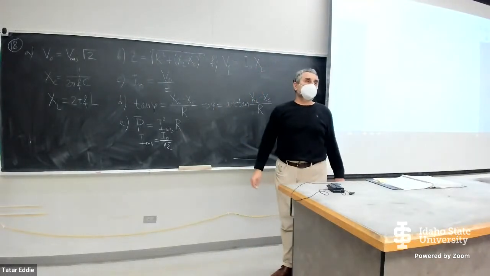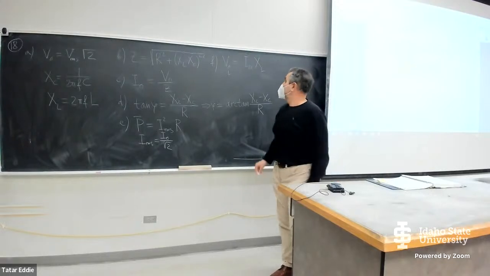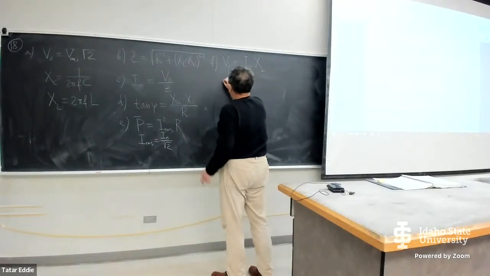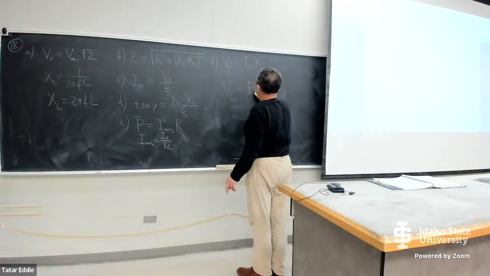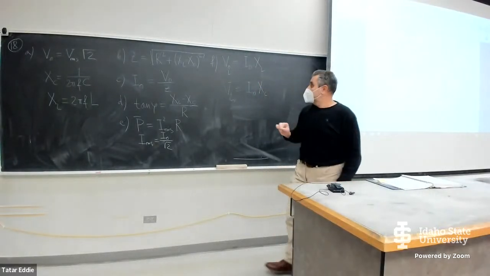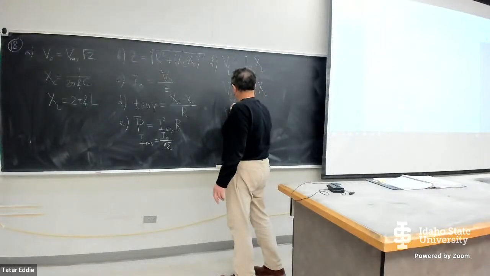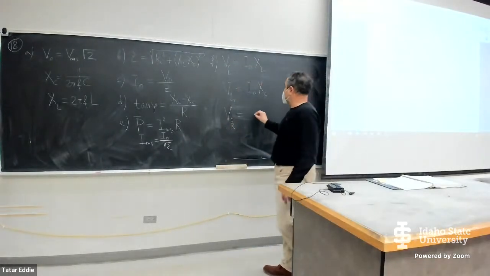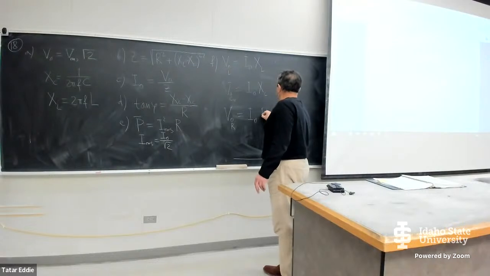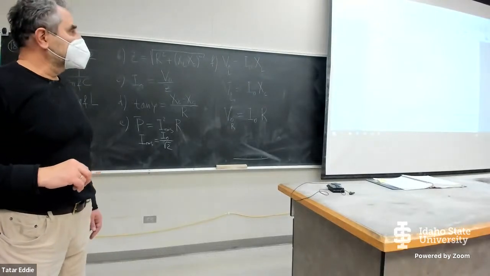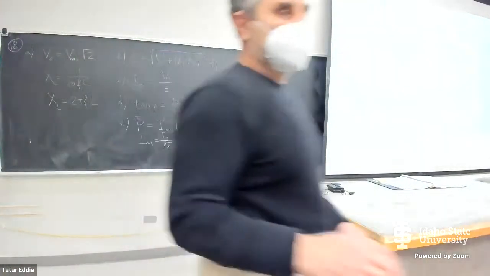Ohm's law slightly modified. In a similar manner, the peak value of the voltage across the capacitor is going to be the peak current multiplied by capacitive reactance, and the peak value of the voltage across the resistor is going to be, in a similar way, current multiplied by resistance. And this is all of it.